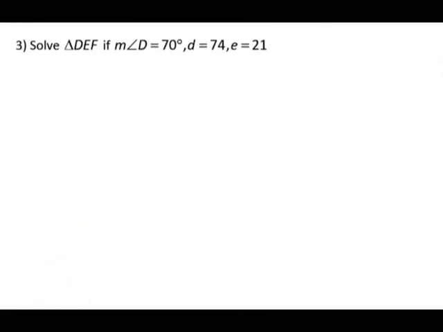Let's look at a third example. We'll start with a sketch. We have a 70-degree angle. Its opposite side is 74. And its adjacent side is 21.